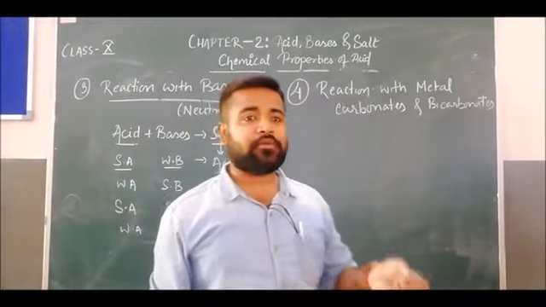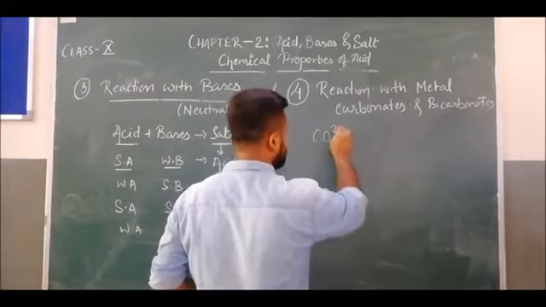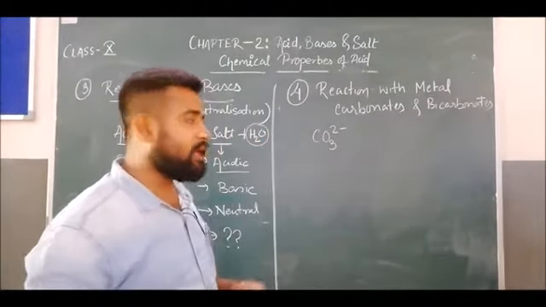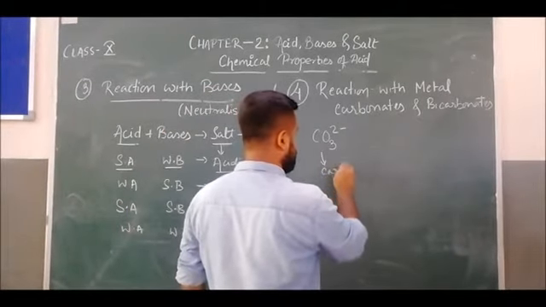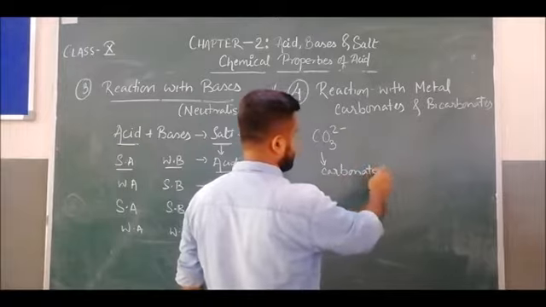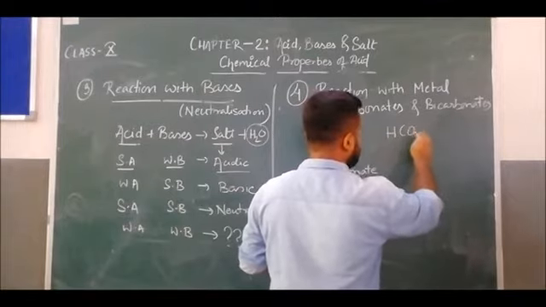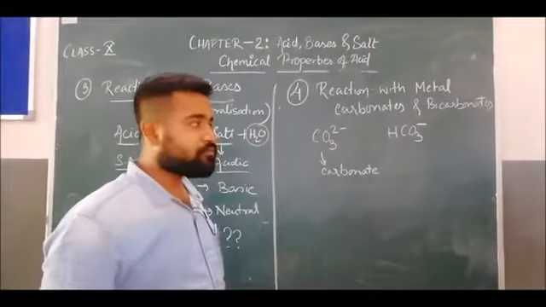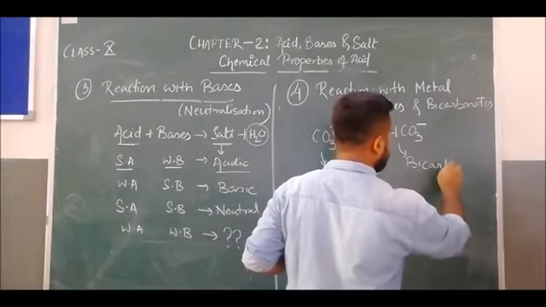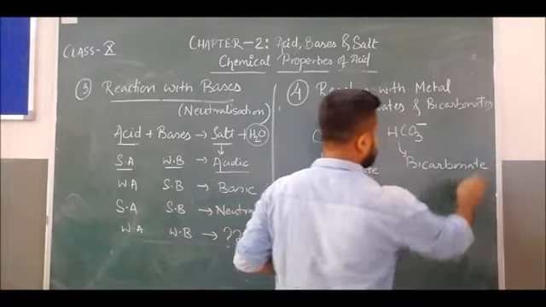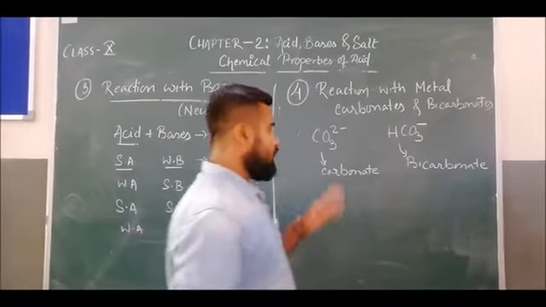So what do you mean by metal carbonates and bicarbonates? Remember, whenever there is CO3 2 minus, this polyatomic ion is called carbonate. And whenever there is HCO3 minus, this is called bicarbonate or hydrogen carbonate.